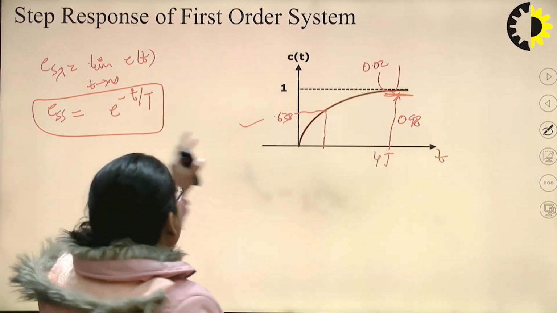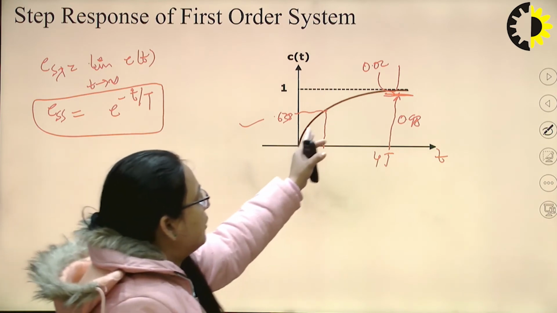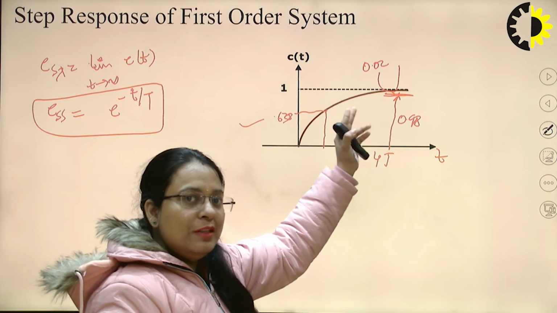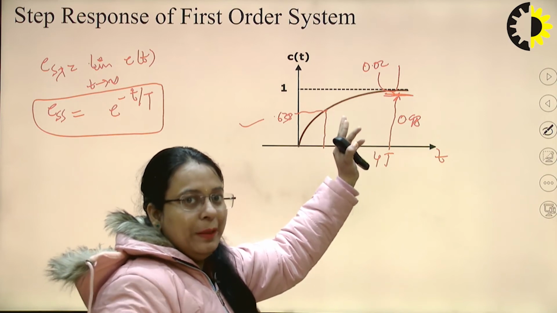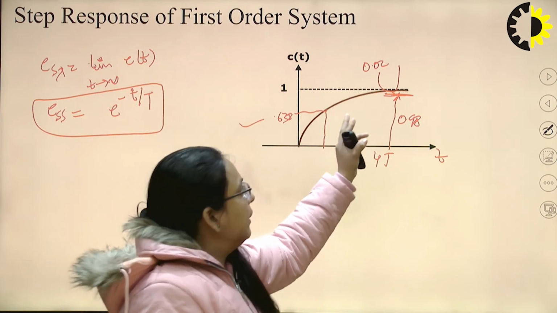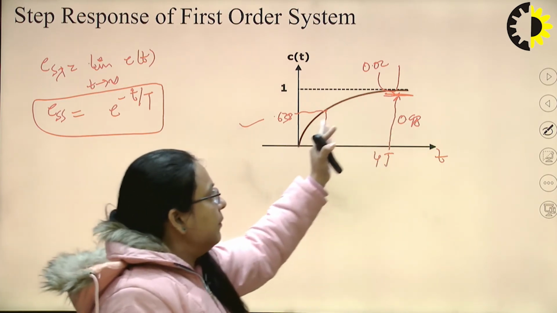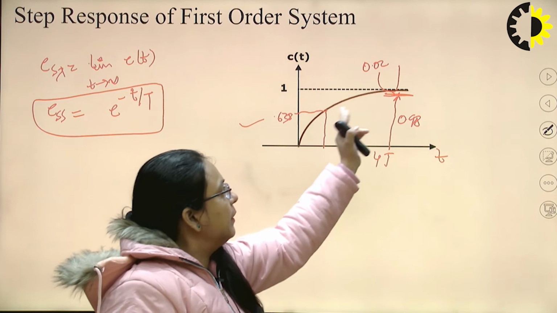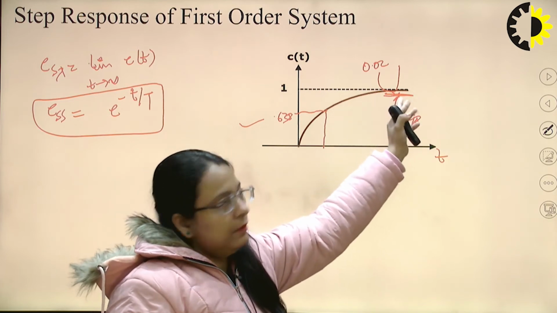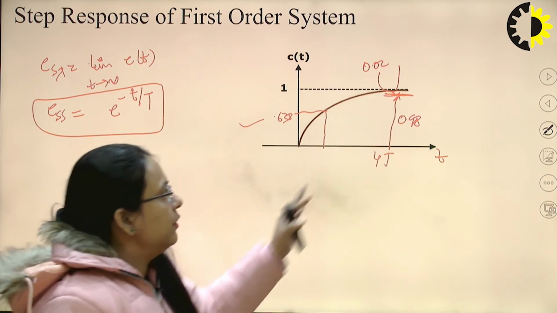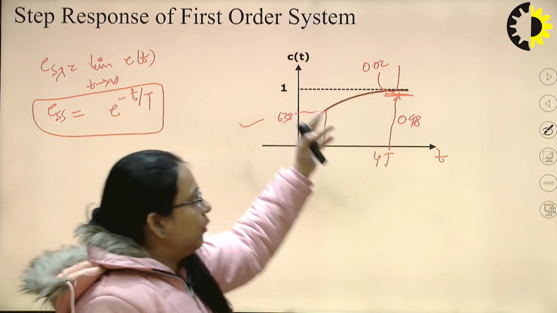So the error is exponential in nature, and the difference between the input and output will become 0 once it becomes unity. As the time increases, this graph will become unity near the steady state, so we will get the difference between the input and output as 0.